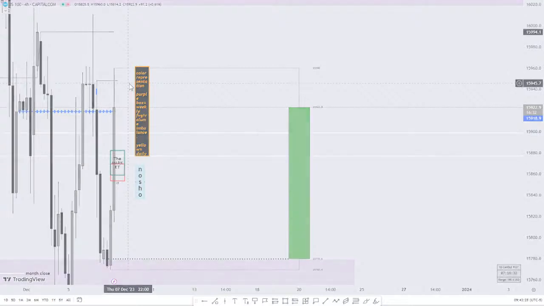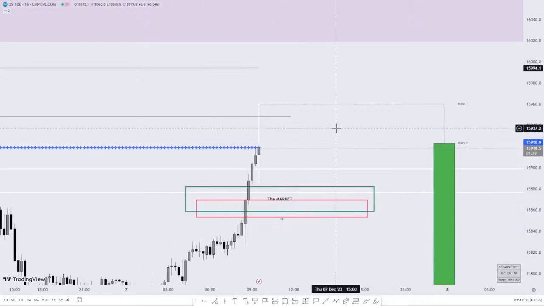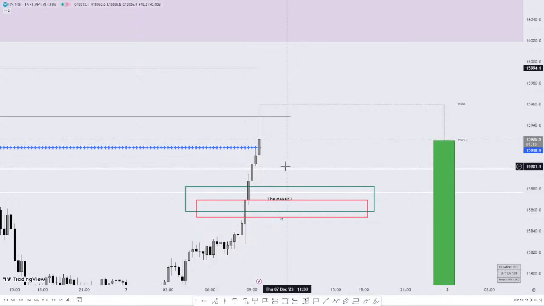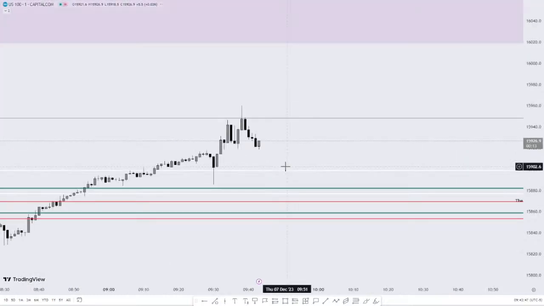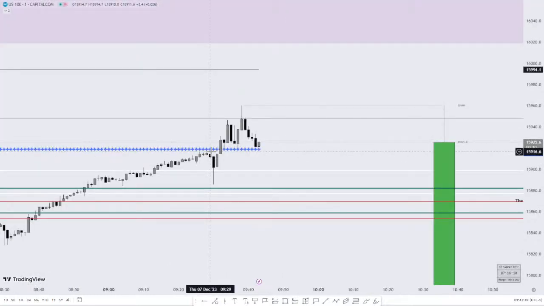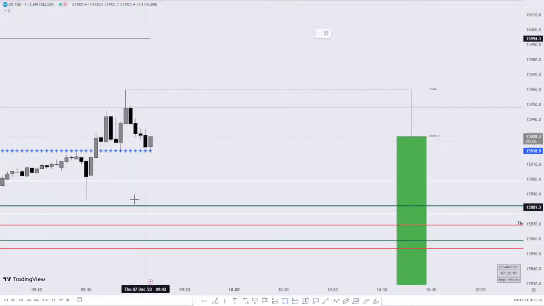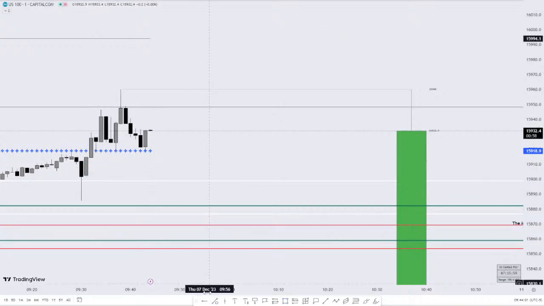That would be a good case for the bulls, and it should find support above the volume imbalance.